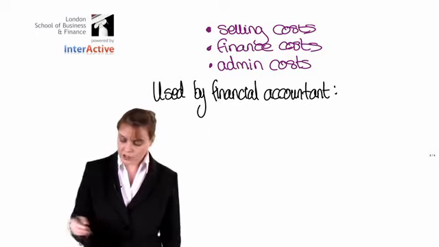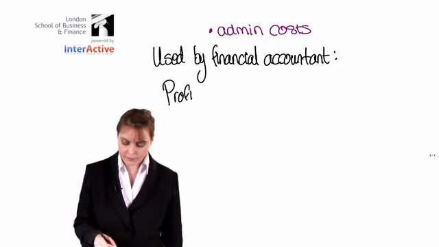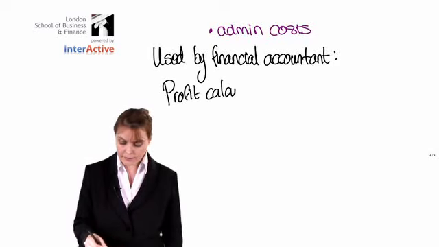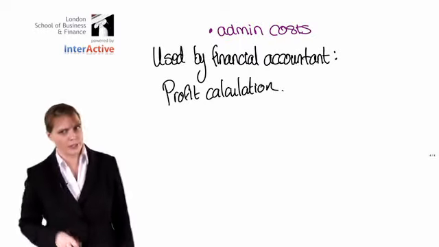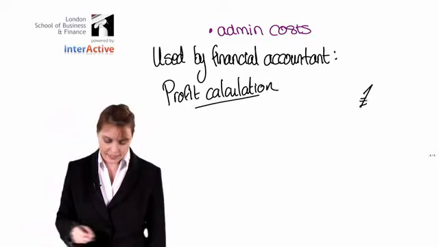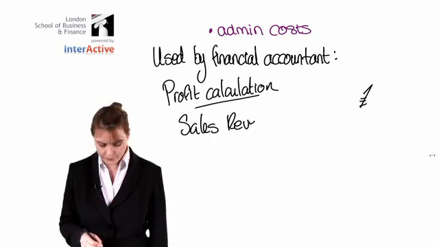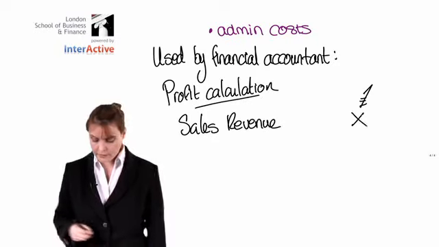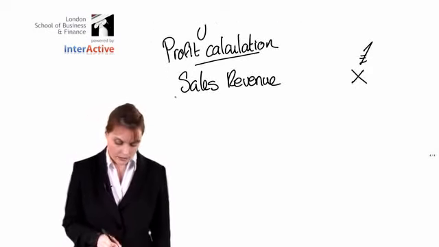So, when our financial accountant is doing their profit calculation, at a very high level, we don't need to go into the detail, but if they're doing their profit calculation, first they will look at their sales revenue, from which they will deduct the cost of sales.